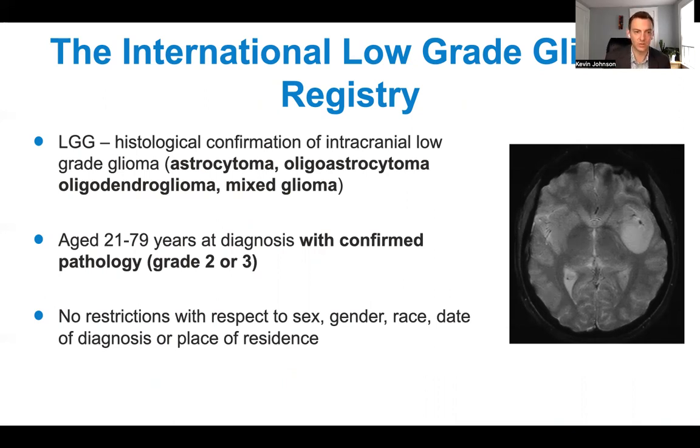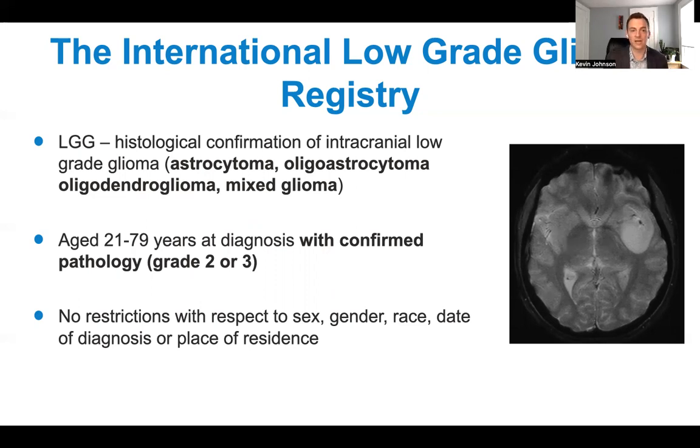And so what do you need to be in this registry? Well, you have to have a diagnosis of a low-grade glioma, so that is an LGG. And from a histological point of view, this means a tumor that's been referred to as an astrocytoma, an oligoastrocytoma, an oligodendroglioma, or a mixed glioma, depending on the year in which you were diagnosed, as these names have changed a little bit over the years.